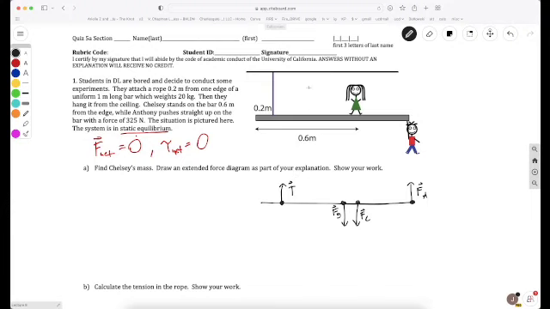And a key new topic in a problem like this is that in static equilibrium, we are free to choose that point wherever we want. Since nothing is rotating or moving, all of the forces and all of the torques are going to balance out no matter where our reference point is.